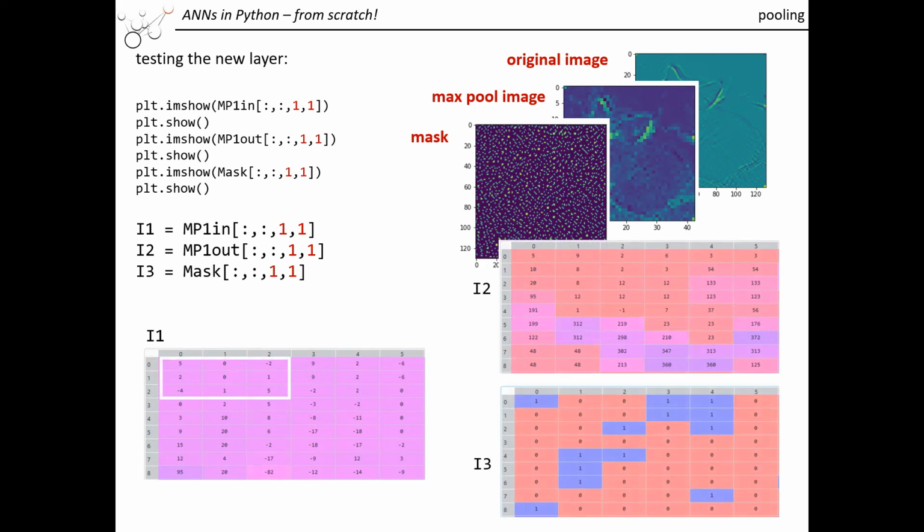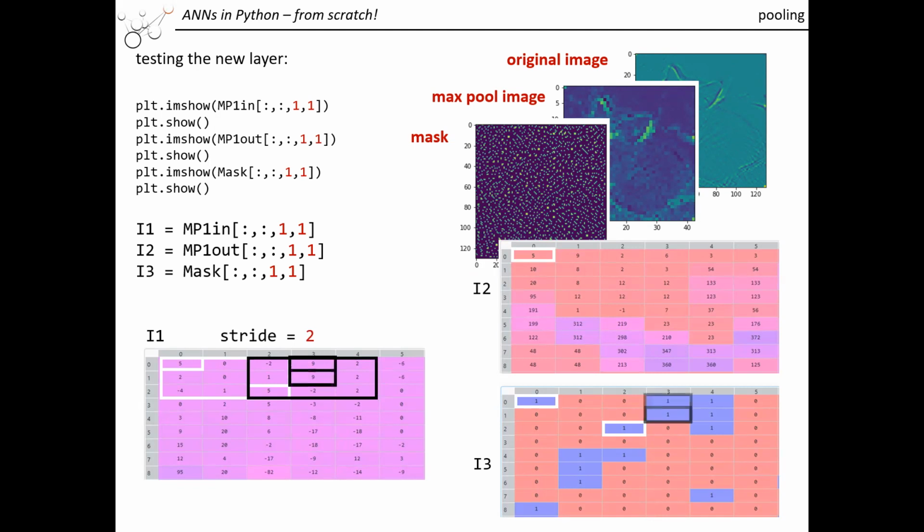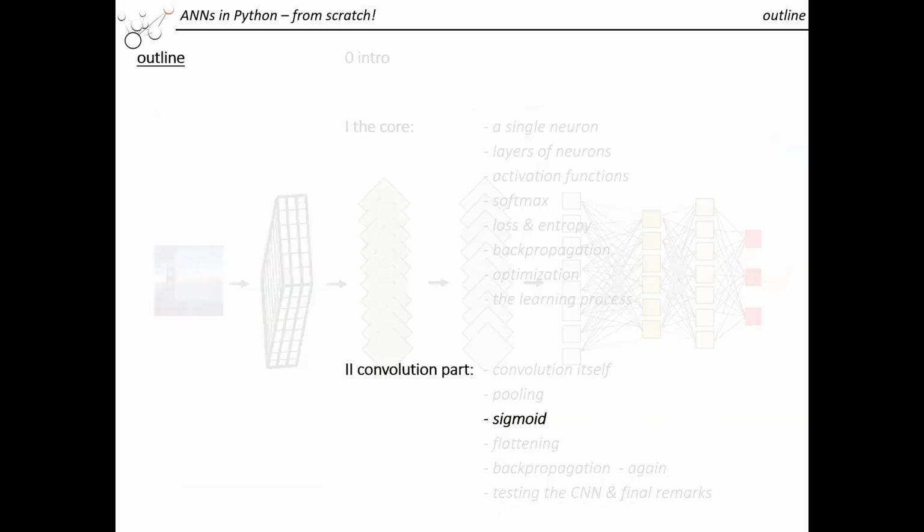So when it extracts the maximum value, that it remembers it's from the correct place. And of course, it stores the correct value. All right, so that's our max pool layer.